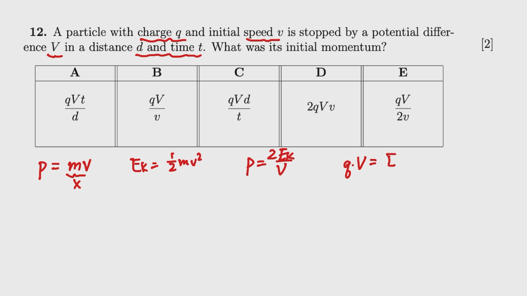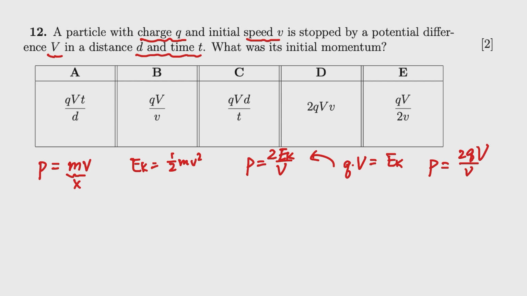The charge is decelerated by a potential V, so qV equals Ek. Let's put it back into the equation of P. So P equals 2qV, where V is the voltage, over v, which is the speed. Unfortunately, that doesn't match any options above.